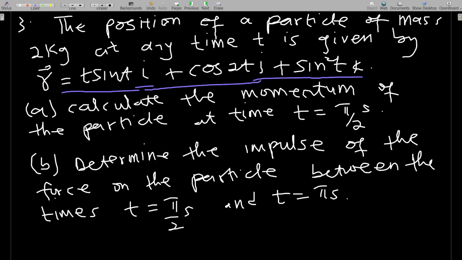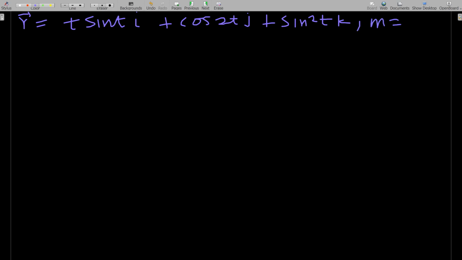So what you do is you write your position vector back. The position is given by t sine t i plus cos 2t j, then plus sine squared t k. And in the question we said that the mass is equal to 2 kilograms.